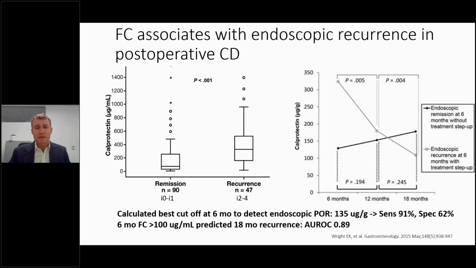And what this study and this data shows is that fecal calprotectin levels actually associate quite nicely with concurrent development or detection of endoscopic Crohn's disease recurrence in the neoterminal ileum. The authors went on to identify some optimal test characteristics of fecal calprotectin and suggested that a cutoff of about 135 micrograms per gram in the postoperative setting had a sensitivity of about 91% and specificity of 62% for associating with endoscopic Crohn's disease.